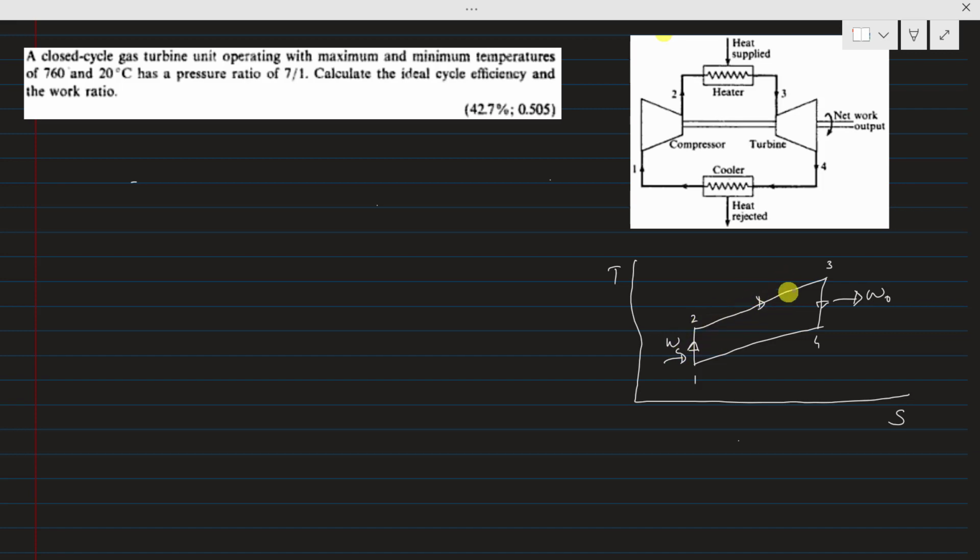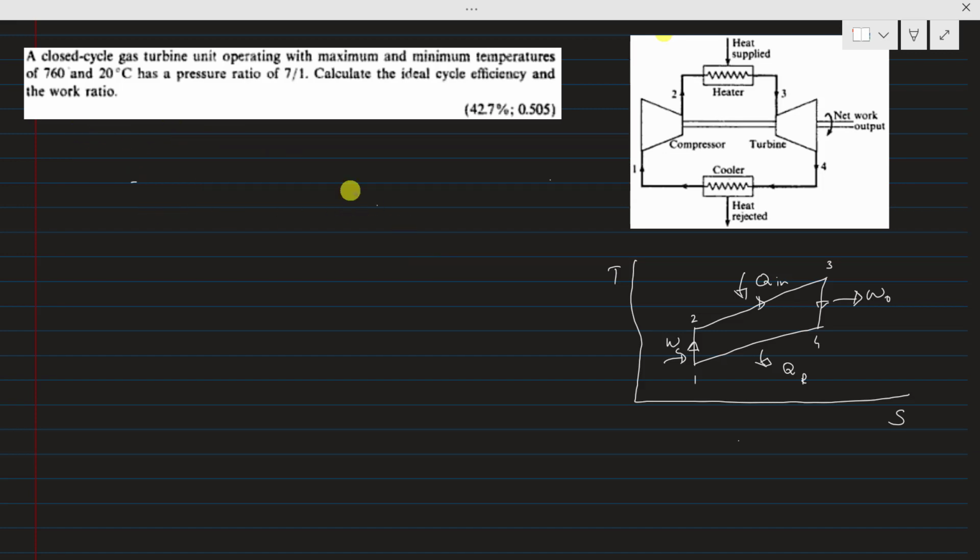The process 2 to 3 is the constant pressure heat addition process, denoted by Qin. And this is the heat rejection process, where heat is rejected by the cooler, denoted by QR. I hope you understand the Brayton cycle, on the basis of which the gas turbine works.